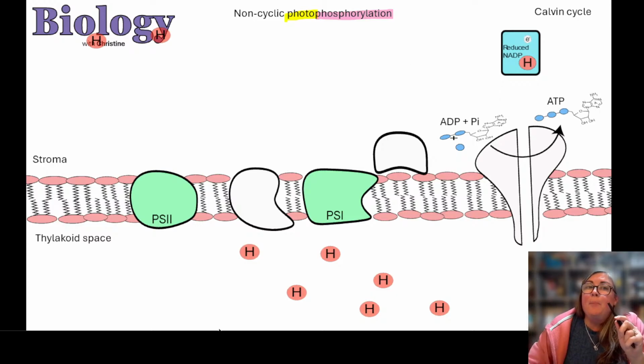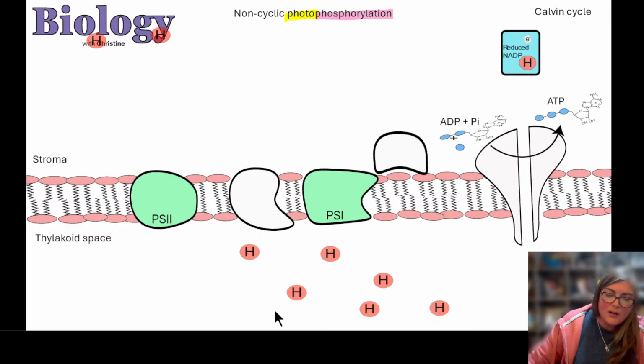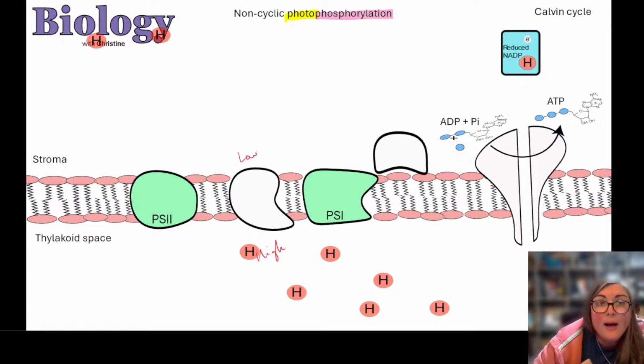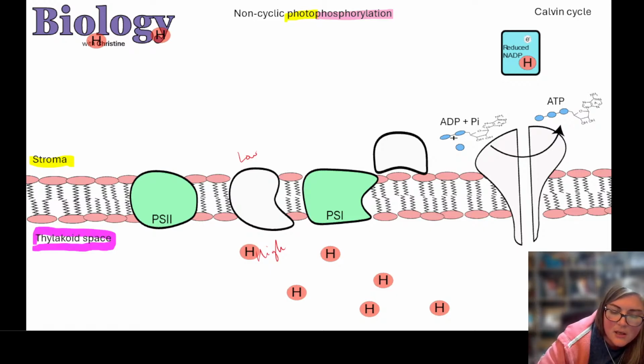Now, by pumping those hydrogen ions against the concentration gradient, so just to note that this was a low concentration, this was a high concentration. We're in the stroma outside, and inside we're in the thylakoid space. So it's important to know where you are where this is occurring.